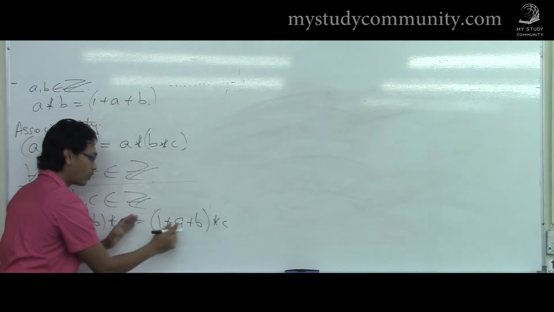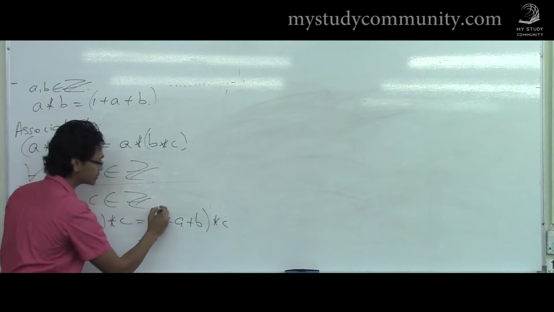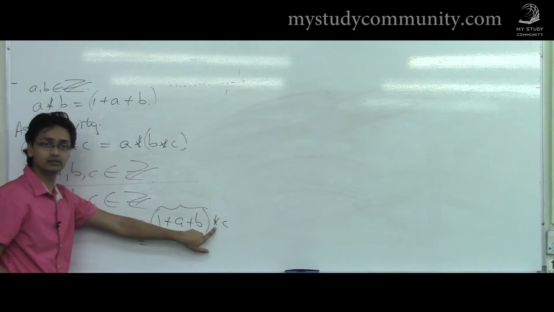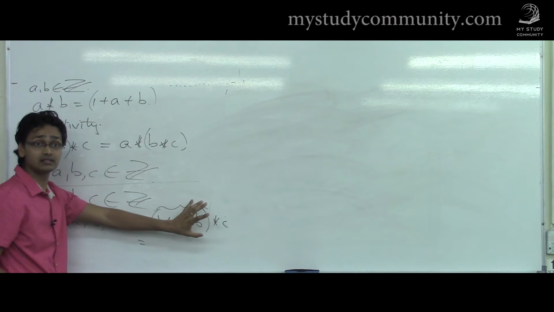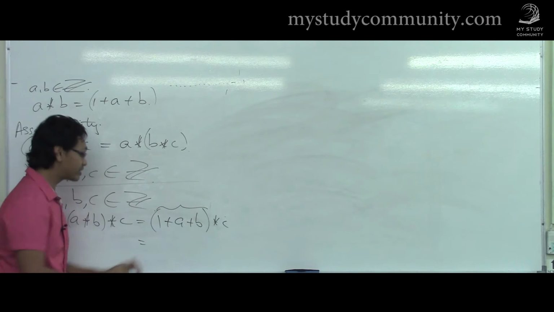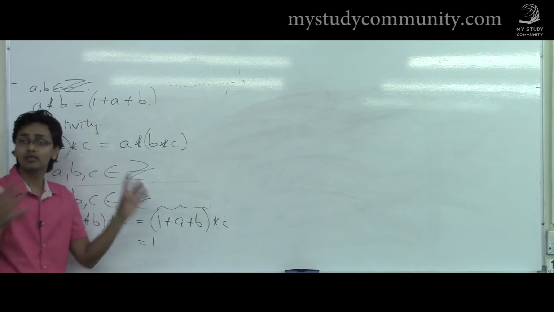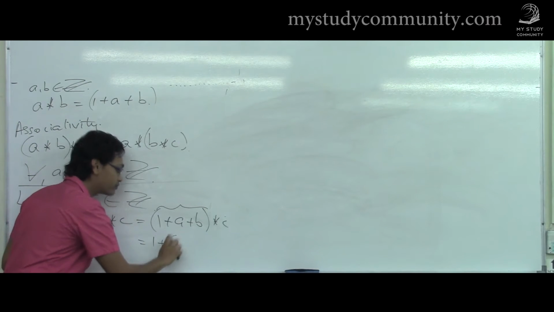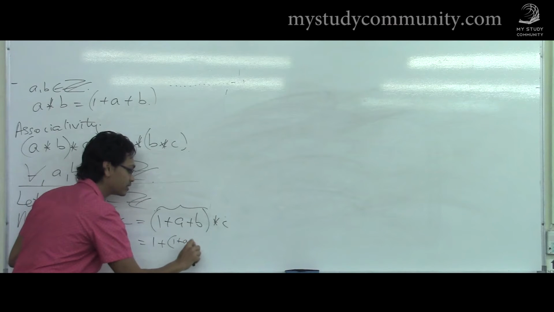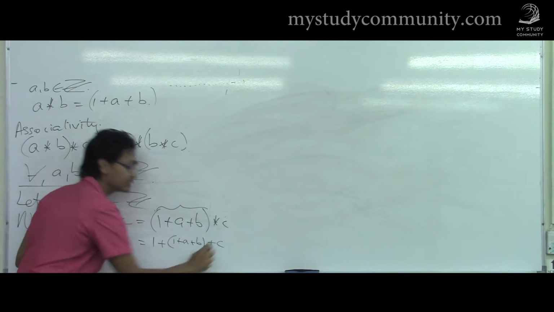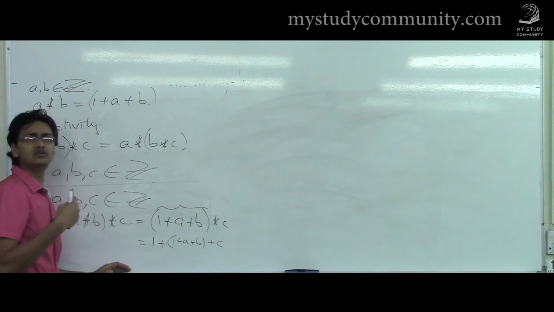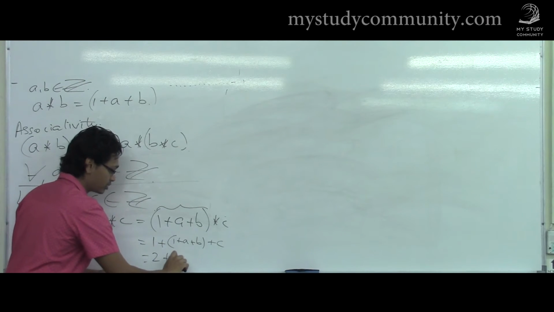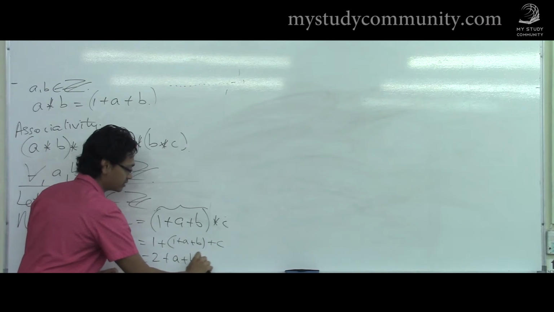So this entire thing here, what is before the operation is my first element, yes? So this simplifies to 1, where does 1 come from? I do not know, I don't care, plus the first element, which is 1 plus A plus B, plus the second element, yes? Then you simplify it and you make it look nice. 1 plus 1 is 2, plus A plus B plus C.